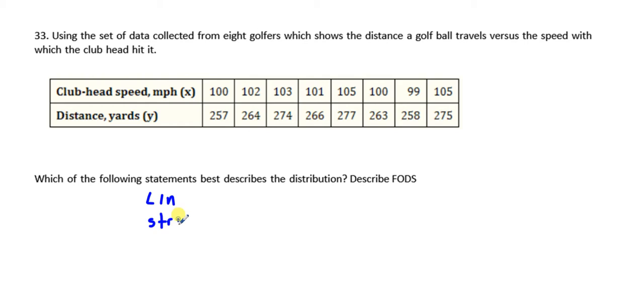There's no outliers. That's the O. Direction is positive. On the actual test, the multiple choice will say something to the effect of a strong positive linear relationship between club and head speed, and there are no visible outliers. That's form, direction, strength, and outliers.